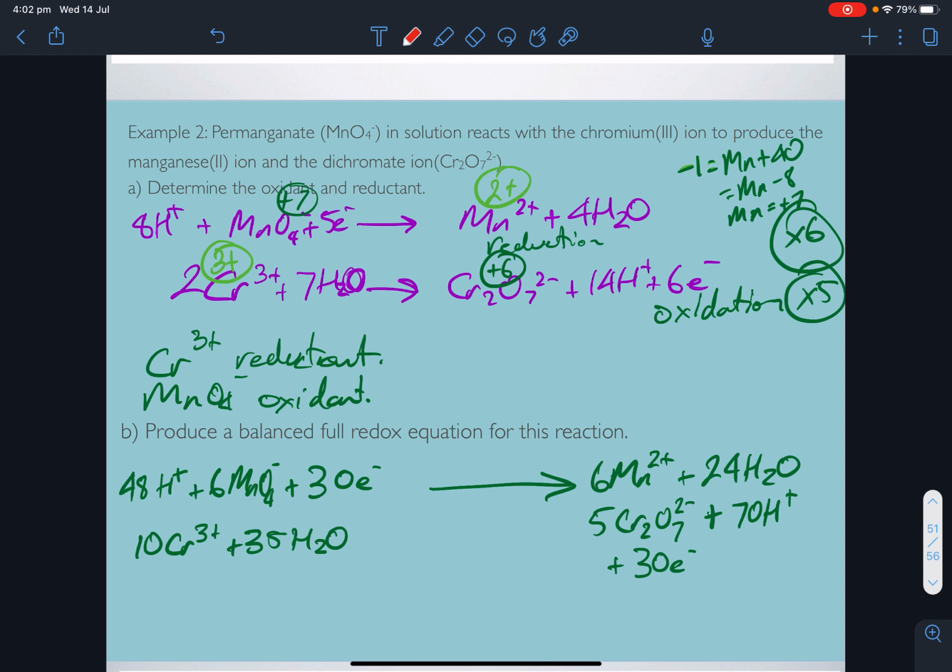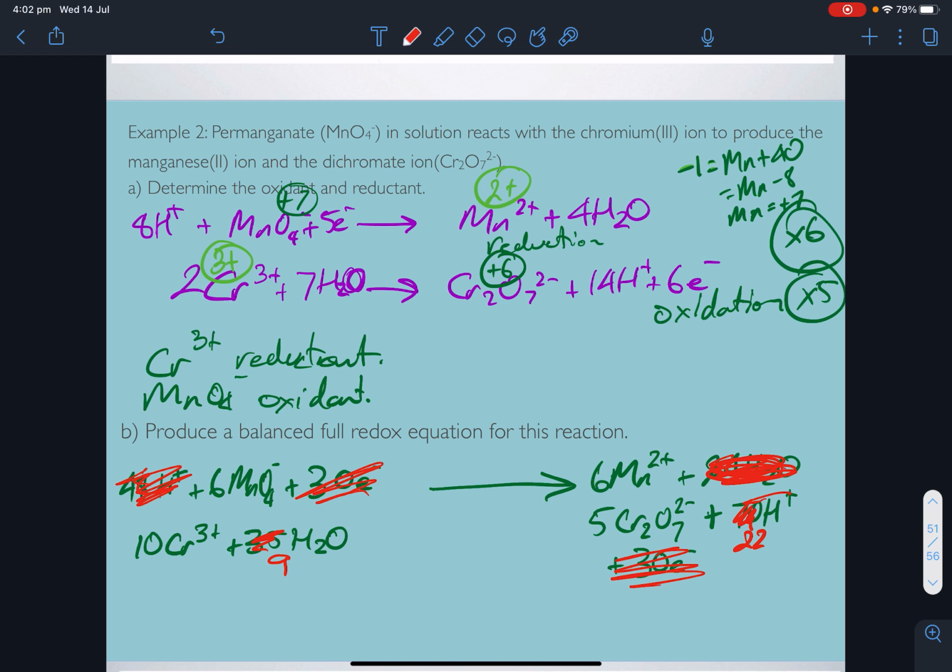Let's cross out anything. Good, our electrons are 30 and 30. H pluses, we've got 70 versus 48. So 70 minus 48 is 22, so I cross out the 48 and put 22 H plus. And then we've got waters, 35 versus 24. So the 24 will go, and what's left over is 9.